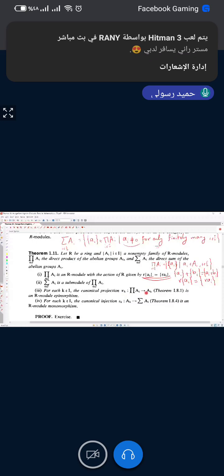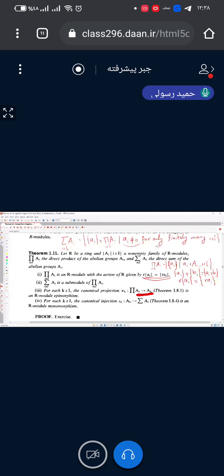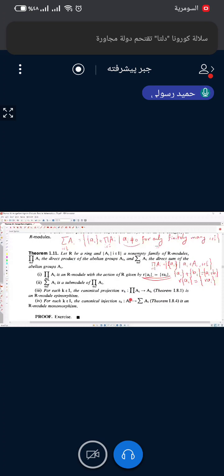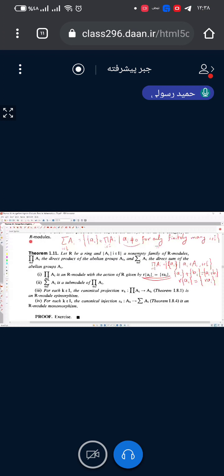Canonical projections are always epimorphisms, and so this is a surjective mapping, which is also a homomorphism. Pk in fact maps each sequence AI to the Ak.